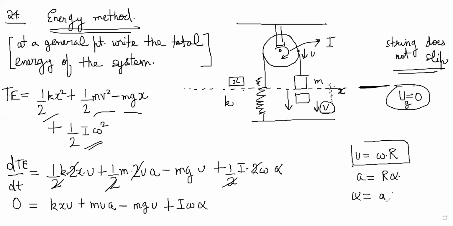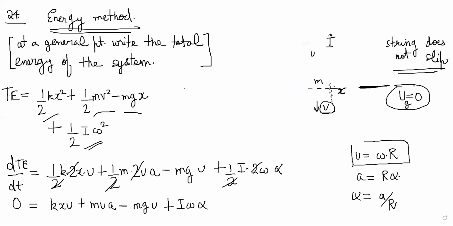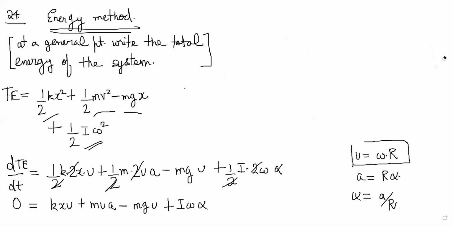Alpha is equal to A by R. So I will just rub this off a little bit and write what happens here. So you have kxv plus mva minus mgv plus I omega, where omega is V by R and alpha is A by R, is equal to 0.